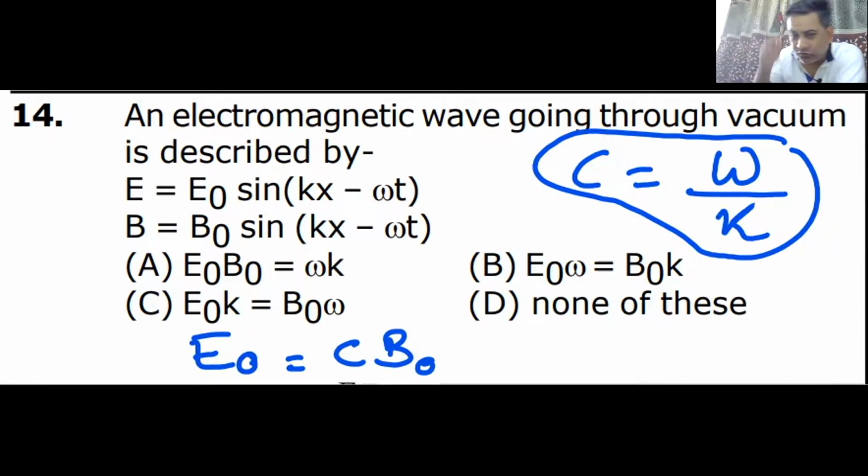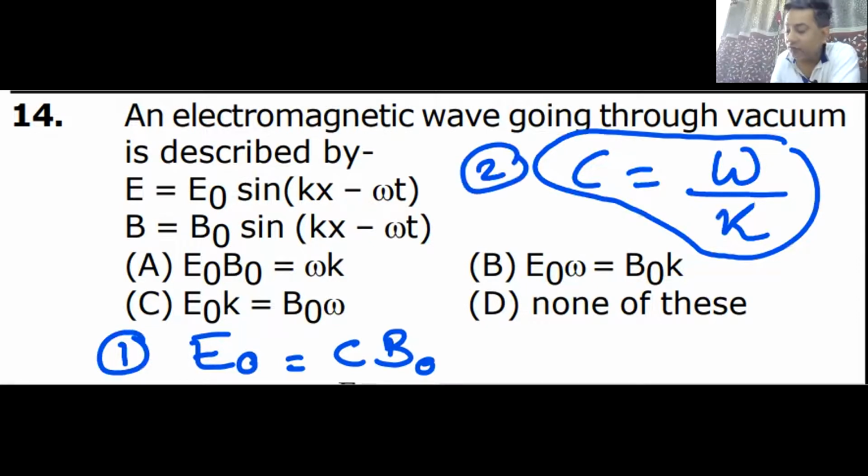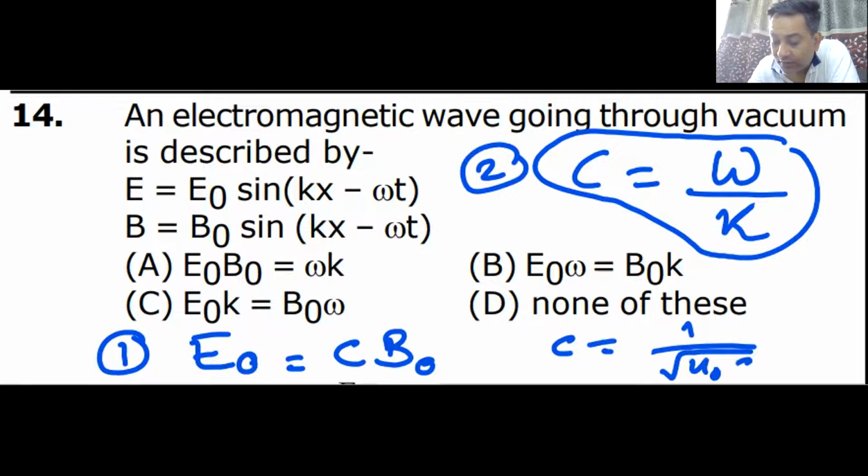Do we understand this? Yes, sir. Please note it down, beta. The question previously that I gave you, instead of B, it was given as H. All these questions are asked in the same way. They only depend on three formulae. If I call this formula number 1, this formula number 2, and C as 1 by root over mu naught into epsilon naught as formula number 3, all these three things are related like this.